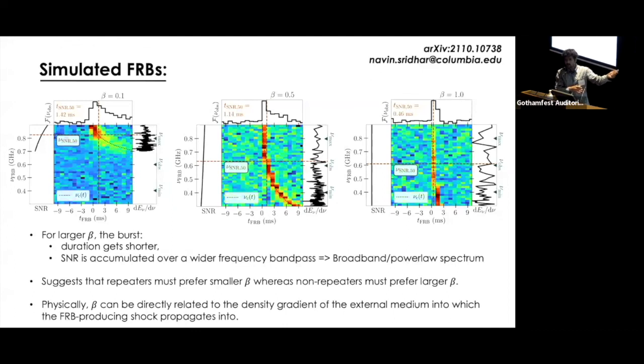So this toy model is agnostic of that. In the synchrotron maser shock models, beta can be related to the density gradient of the upstream medium, and changes in the density gradient can change beta and therefore give rise to this dichotomy. And in magnetars, beta can be related to some radius to frequency mapping in the magnetospheres. I think that's it. I'll stop here and take any questions.